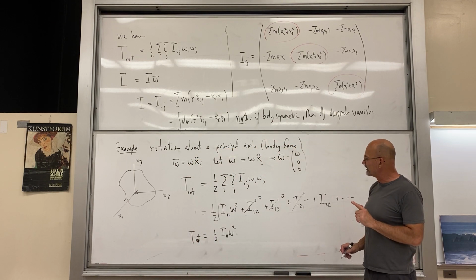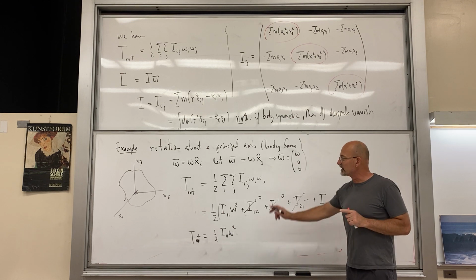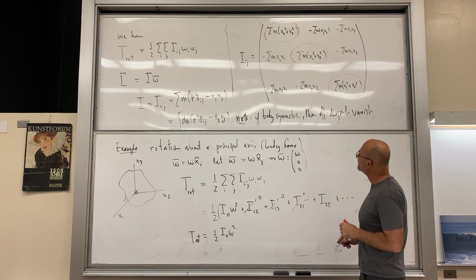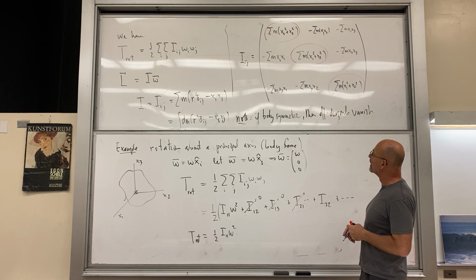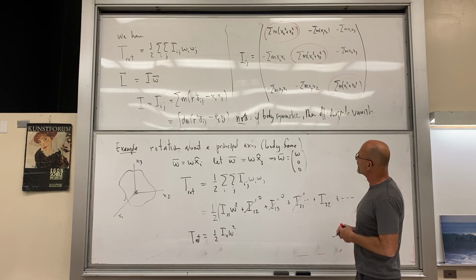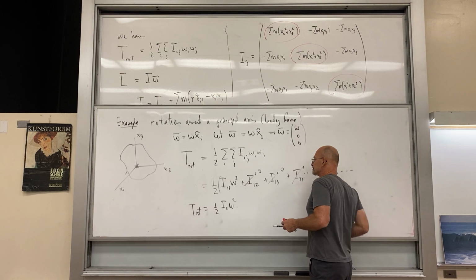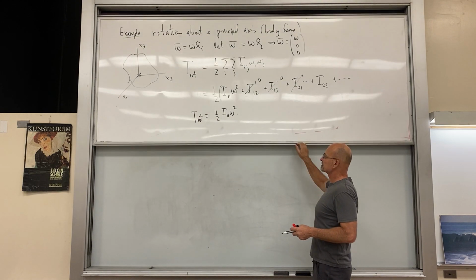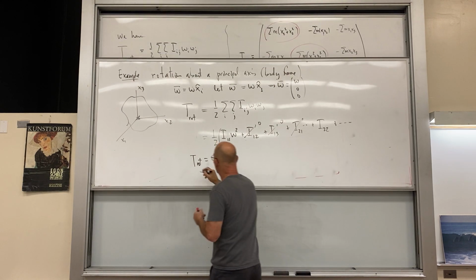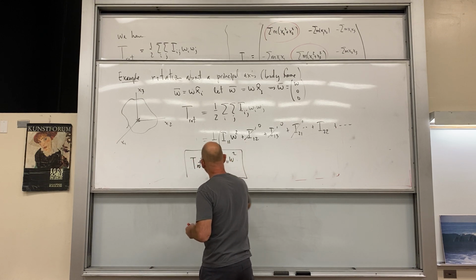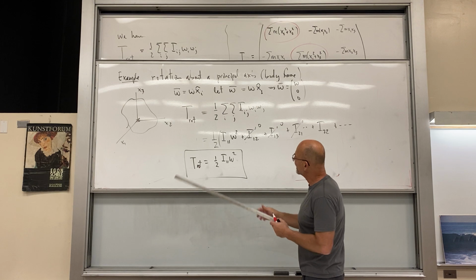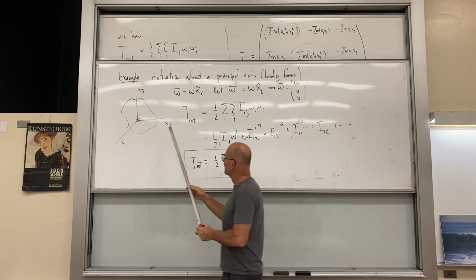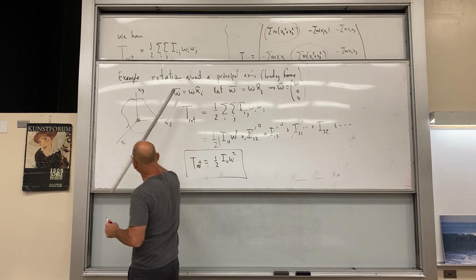Now, the same simplicity doesn't obtain when we talk about the angular momentum, which I kind of like to do on this board here. But I don't have to. Yeah, maybe we should make some kind of note as to what just happened there. Okay. We're rotating about one principal axis. And by the way, we're treating it as a fixed principal axis.